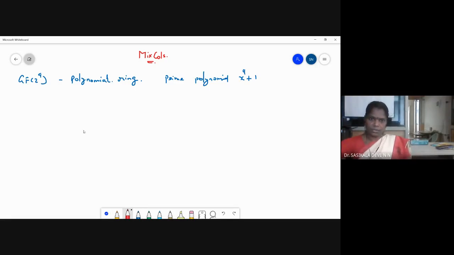The polynomial ring is represented like this. f(x) has 4 terms: x power 3 term, x power 2 term, x power 1 term, and x power 0 term. All these are indeterminates, and all the coefficients are polynomials over the GF of 2 power 8 polynomial ring.